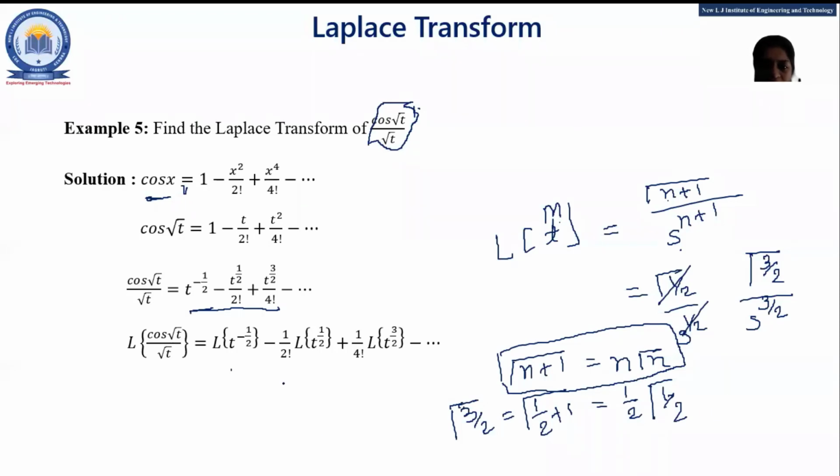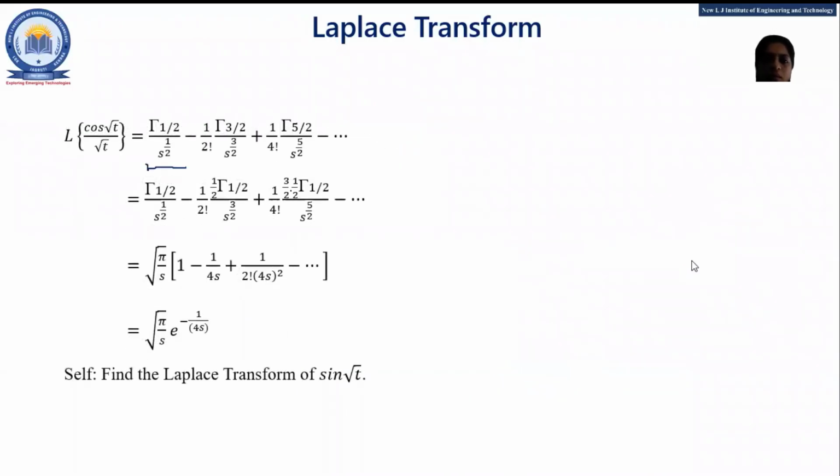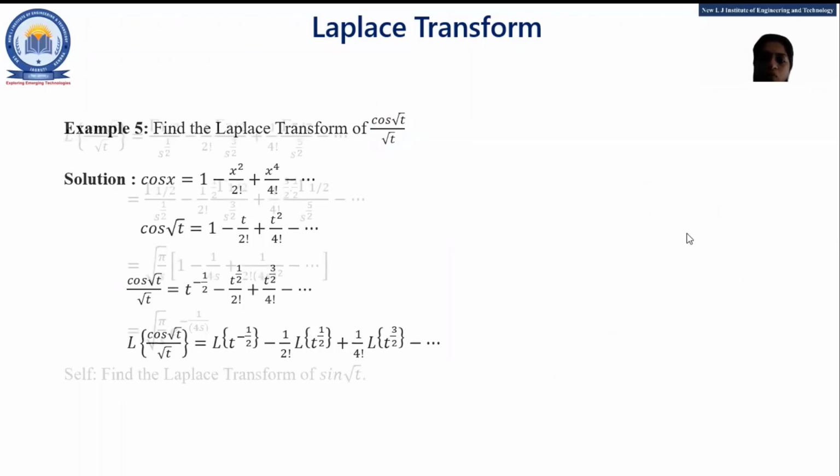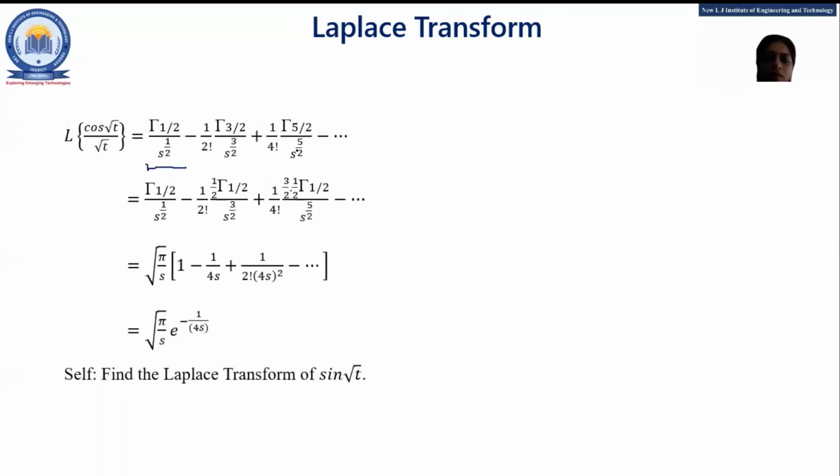So for the second term, we have gamma 3 by 2 upon s raised to 3 by 2. Similarly, for the third term, what is my n? In the third term, my n is 3 by 2. So if I put here 3 by 2 plus 1, that is 5 by 2, and upon s raised to 5 by 2, so gamma 5 by 2 upon s raised to 5 by 2.